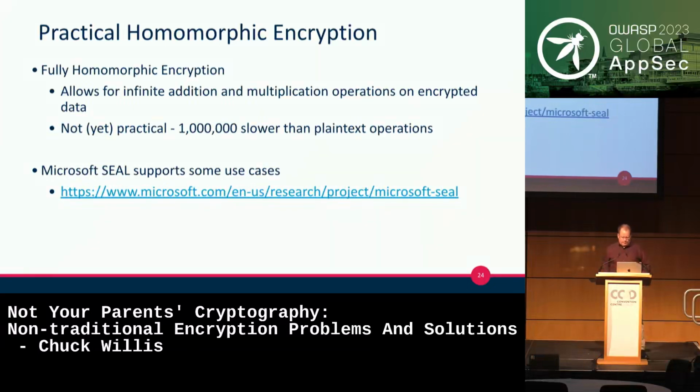One of them, I think one of the IBM systems they were working on, was about 1 million times slower. So something that would take 1 second on plain text data would take, I think, years on the ciphertext. So even though computers are fast, it still becomes a significant problem.